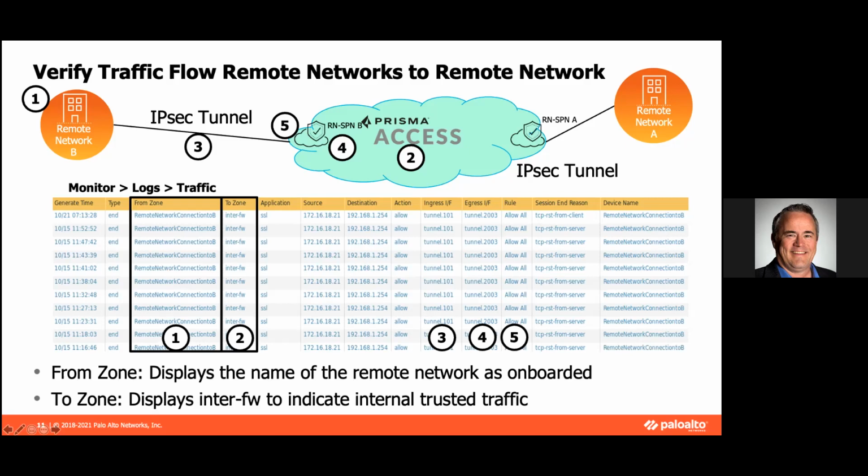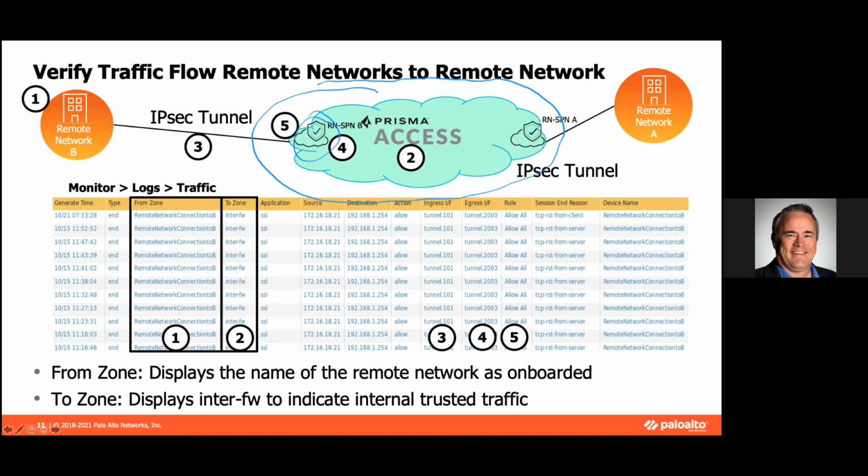Same thing really happens in Prisma Access, but you got to think of your Prisma Access cloud as being one big old firewall and the different SPNs as being interfaces on a firewall. So traffic ingresses comes into one of the SPNs. That's where we do our inspection. That's where we do our security.